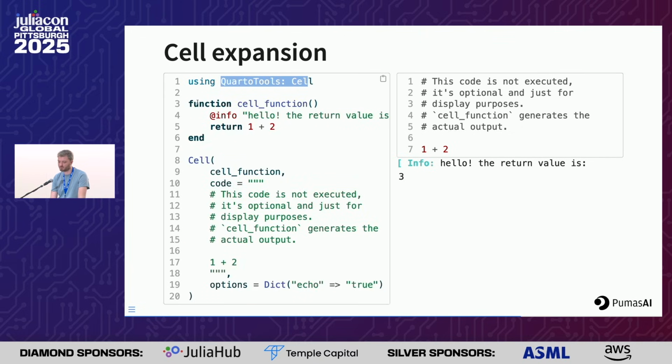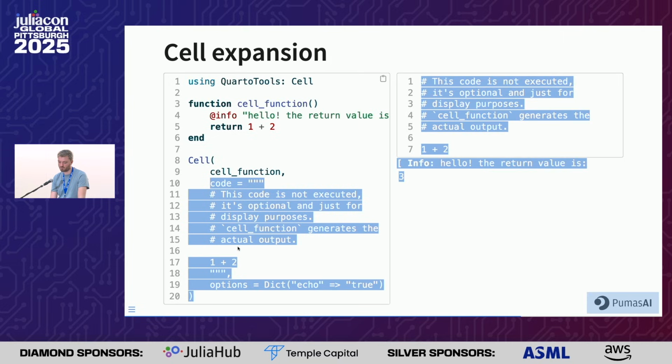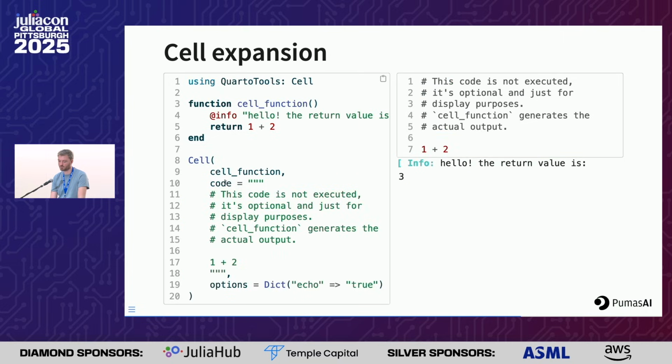Here I'm defining a function which prints an info statement and returns values of computation, and then I define one of these cells, pass the function to it, and use the optional keyword argument code where I pass in some string. I also set some options, which is also optional.